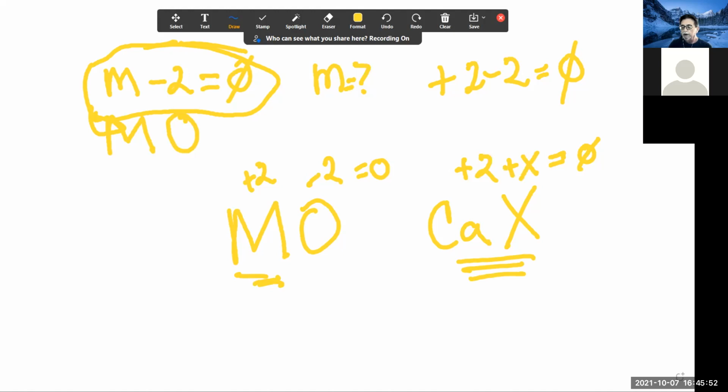So what do we have here? Again, as we had an algebraic equation with M, we have one now with X. What must X be equal to? You can tell me that. So another way of saying X plus 2 equals 0, what is X?